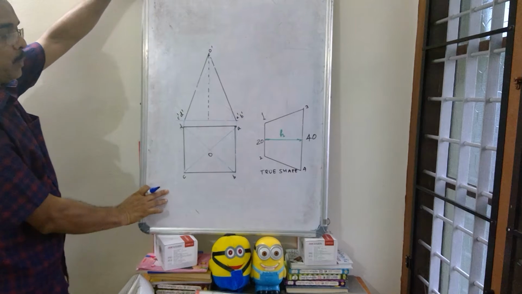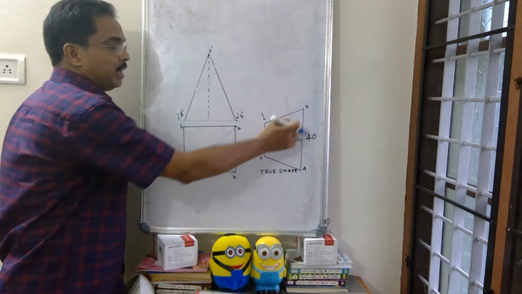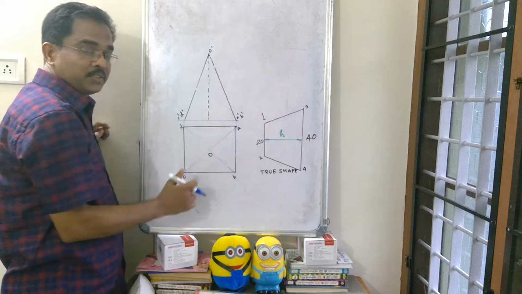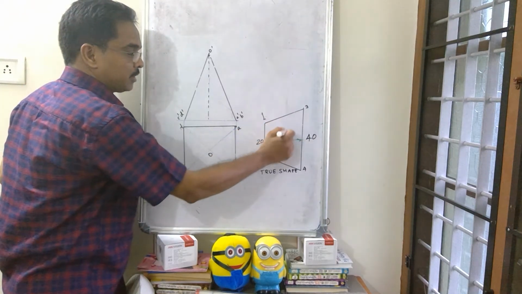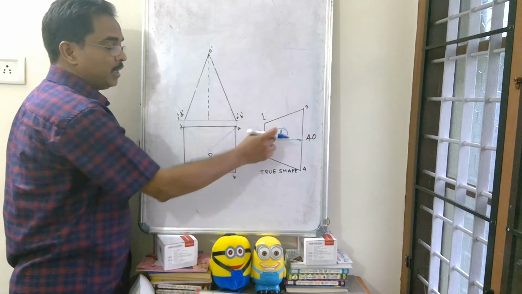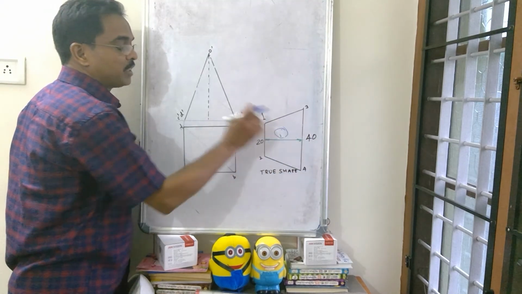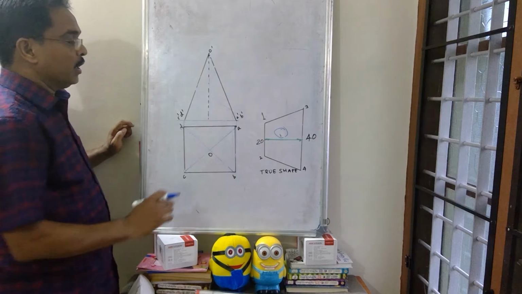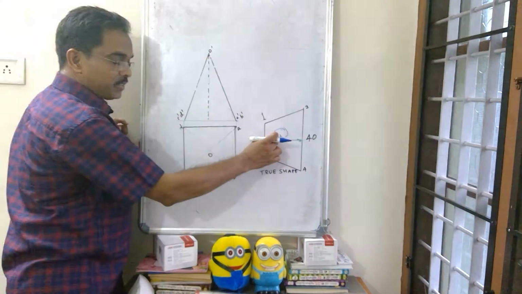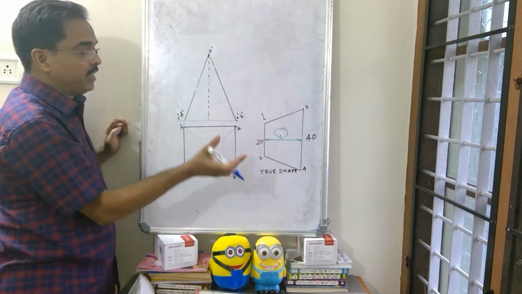So my question is like this: given 20 millimeter and 40 millimeter sides, and this distance is not given. If only these two measurements are given, then how will you solve this question? If this distance is given, it will be easier.